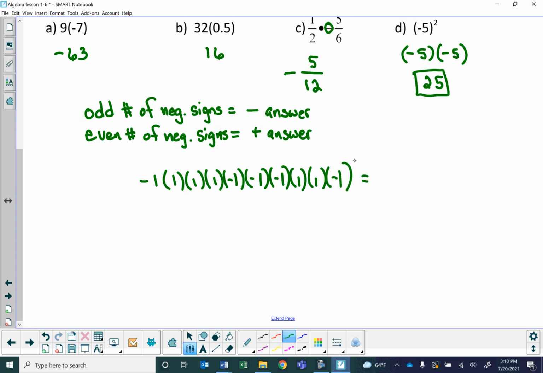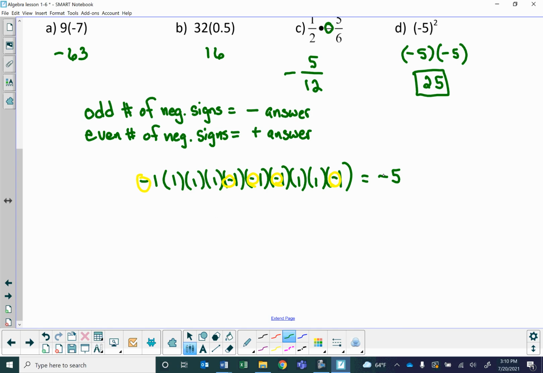Okay, I know my answer is either going to be negative or positive 1 because they're all 1s, but let's count how many negative signs we have. We have 1 negative sign, 2, 3, 4, 5 negative signs. So 5 is odd. Means it's going to stay negative, so my answer is going to be negative 5.